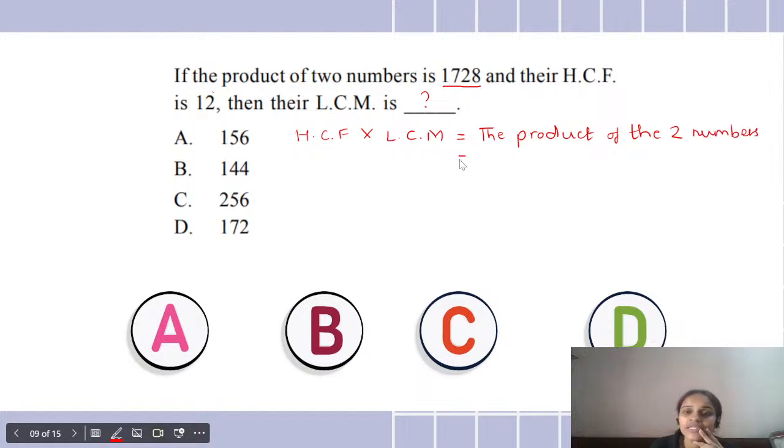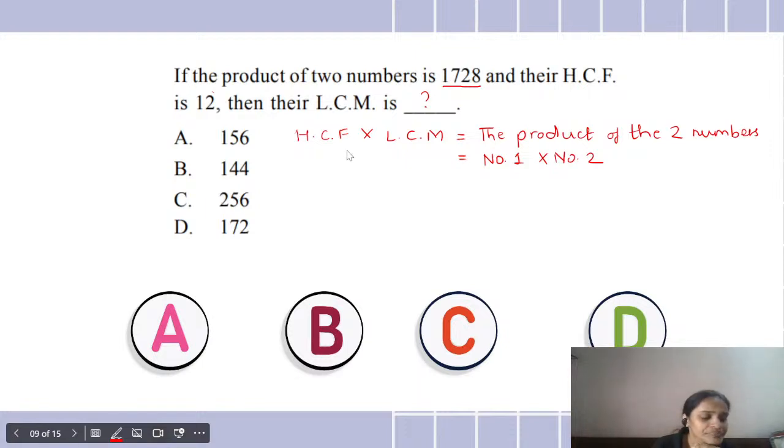That means number 1 multiplied by number 2 equals the HCF of these two numbers multiplied by the LCM of these two numbers. So we have most of the things over here.